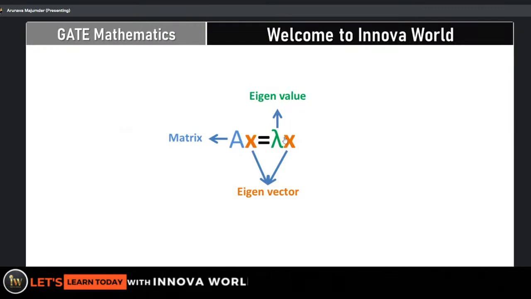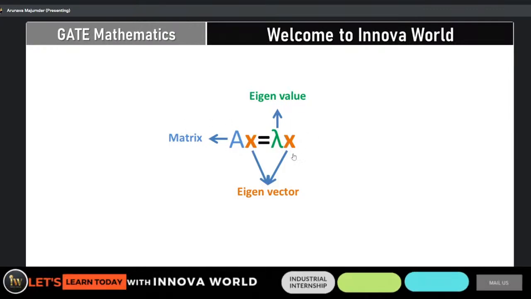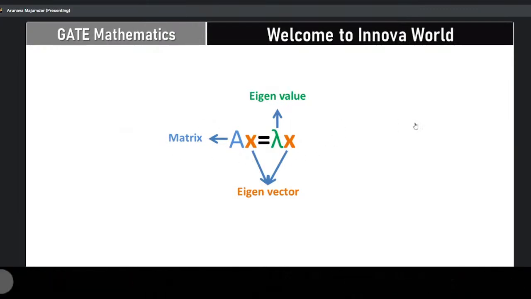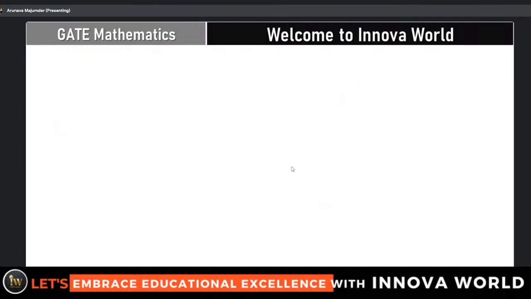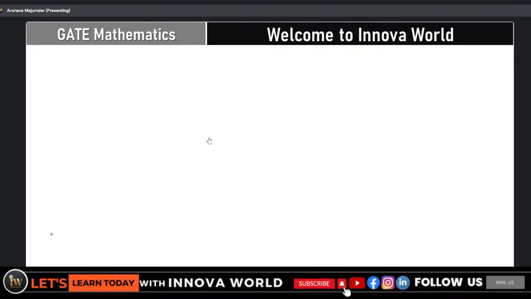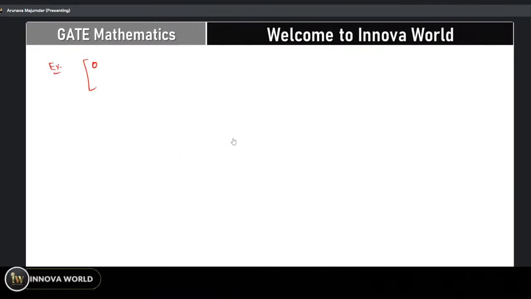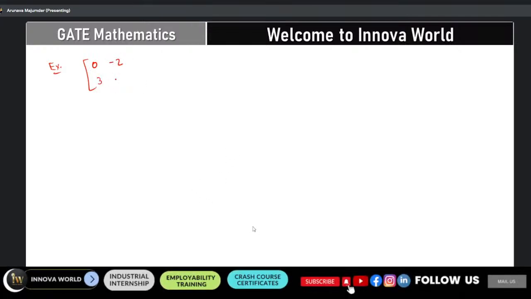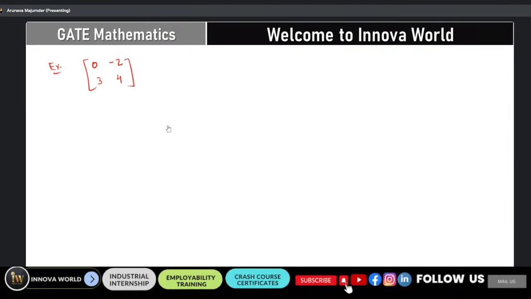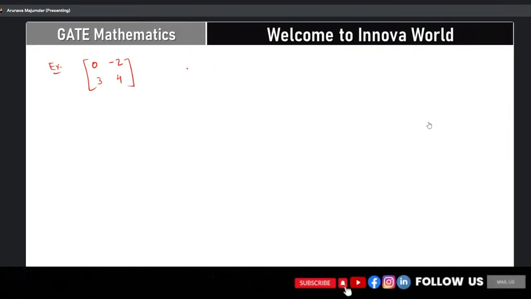So let us use the matrix 0, minus 2, 3, 4. We need to find the eigenvectors.